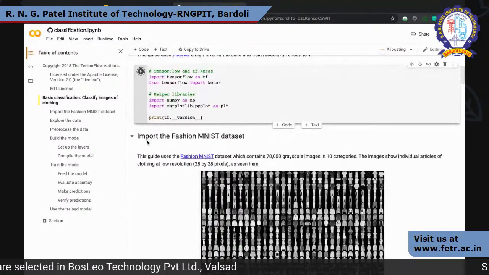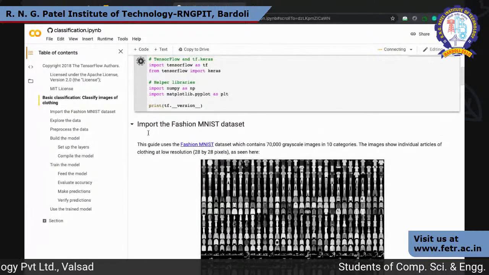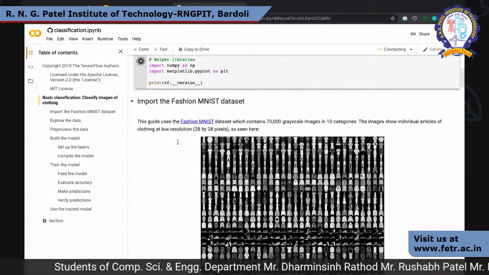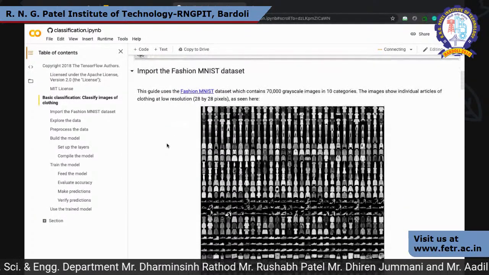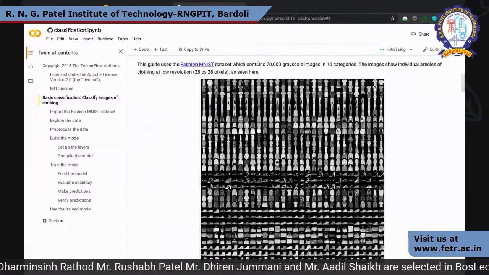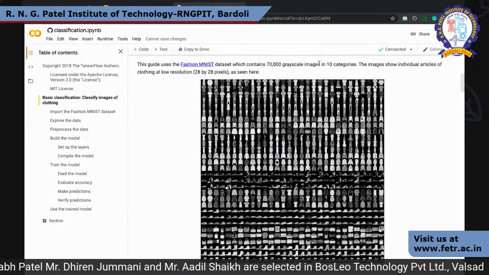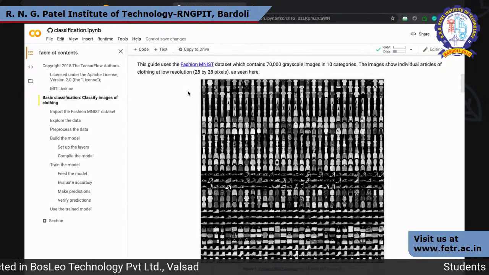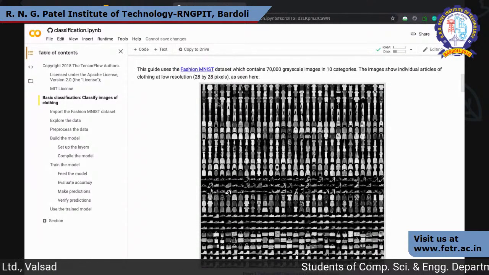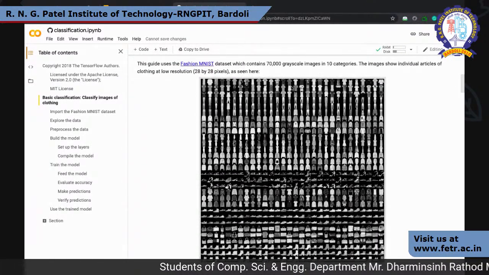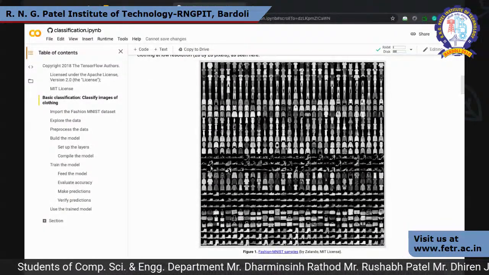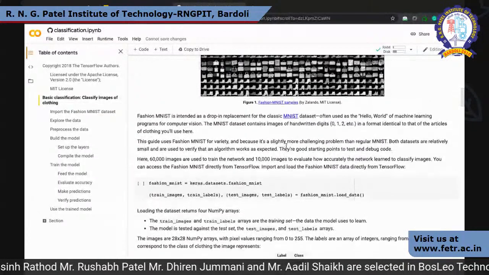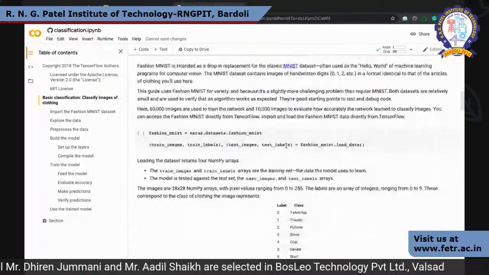The importation part would be completed, and then we imported the Fashion MNIST data set, which includes this kind of images: 70,000 grayscale images in 10 categories, which are 28 by 28 pixel images in grayscale, like 28 by 28 by 1. It contains many classes, such as t-shirts and purses and all those things. The categories have been defined over here. There is no execution step.